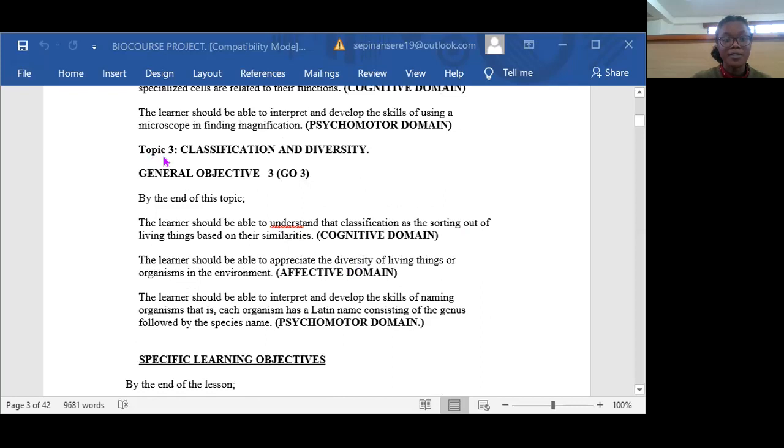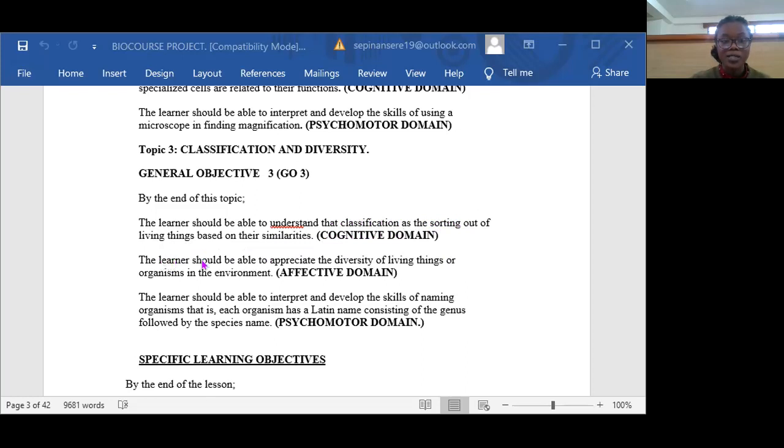And I also have the other general objective, which is GO3. By the end of the topic of classification and diversity, the learner should be able to understand classification as the sorting out of living things based on their similarities. That is the cognitive domain.